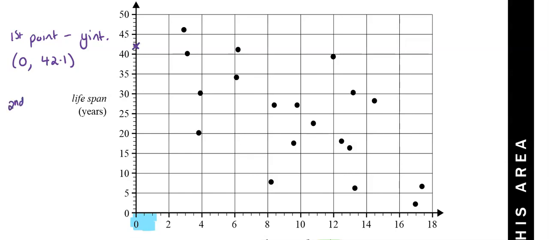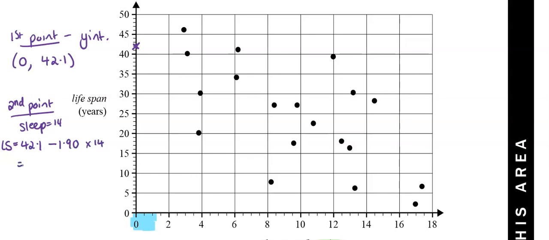My second point, however, I will need to calculate using the equation. So again, I want to pick something from the top end, the maximum end of my x-axis. So I'm going to use the number 14. So when sleep is 14, that means my lifespan is equal to 42.1 minus 1.90 times 14.